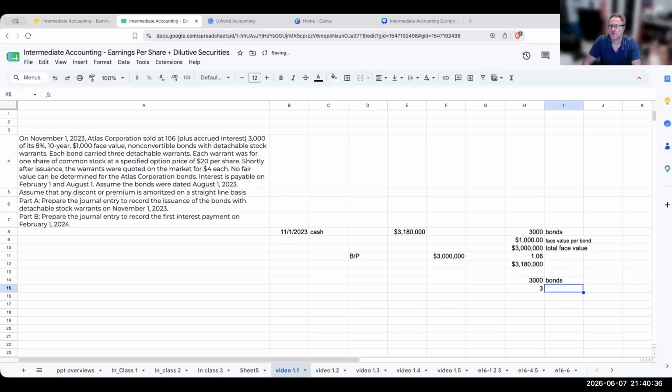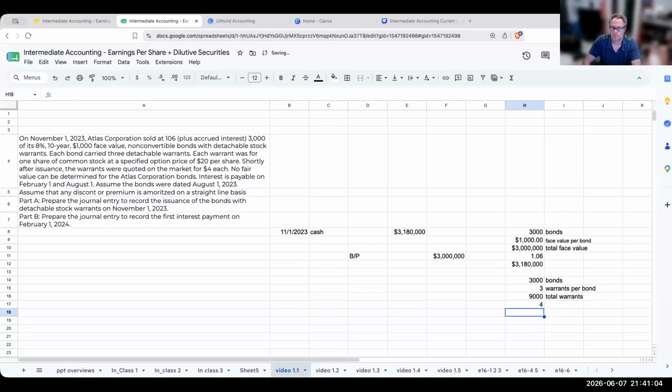So these 3,000 bonds come with 3 warrants per bond, for a total of 9,000 warrants, and each of these is convertible into 1 share of stock. Now, each warrant was quoted on the market for $4 each.